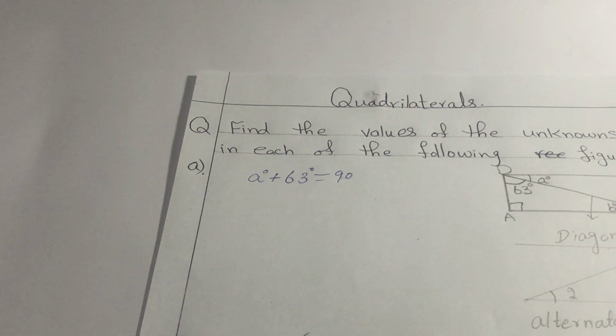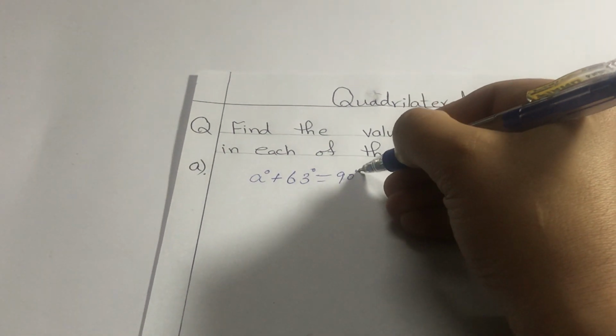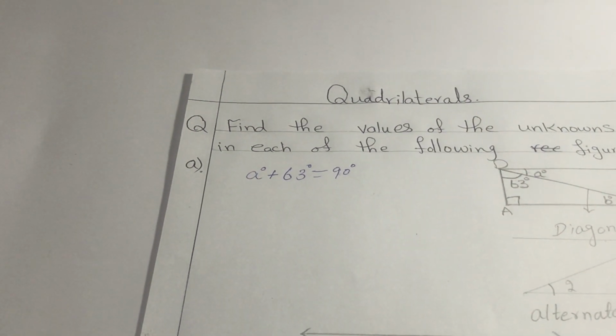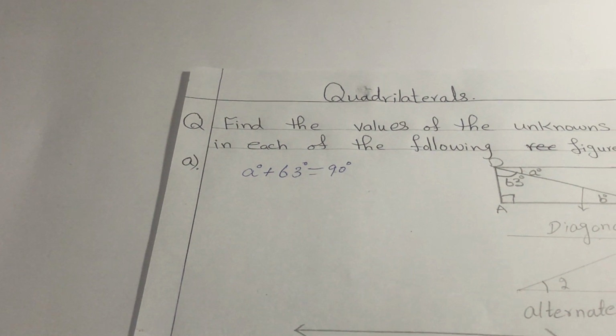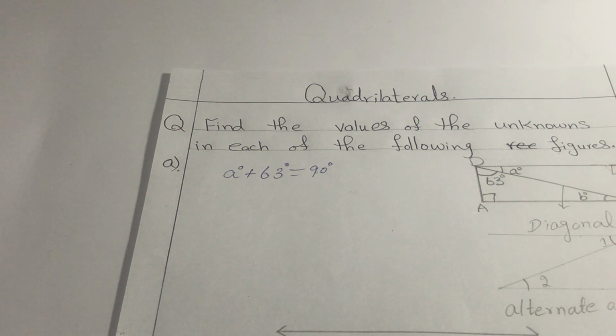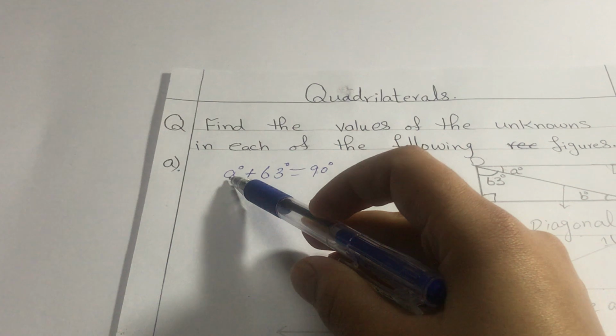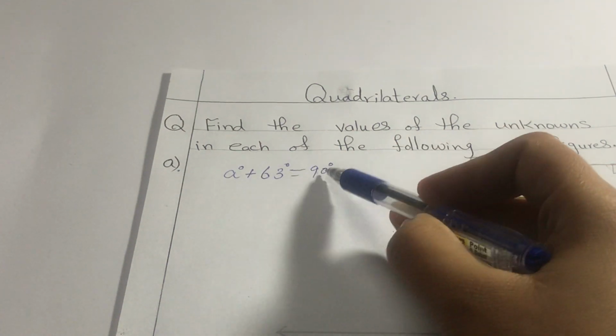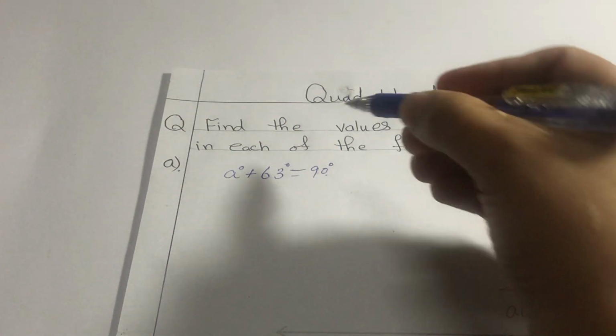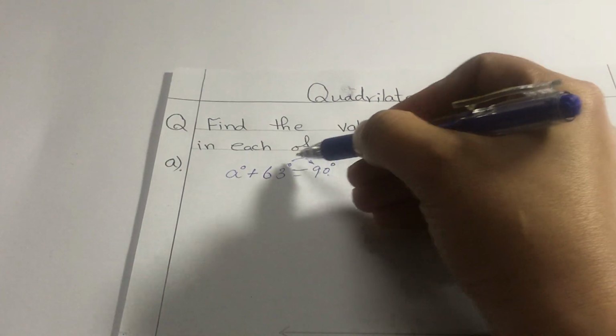Now, as you solve your algebraic equation like this, you have to solve this equation. When we solve an equation, the first thing we need to do is combine our like terms. And what are the like terms here? Here we have only one algebraic term, that is A, and 63 and 90 are constants. So these two are like terms.